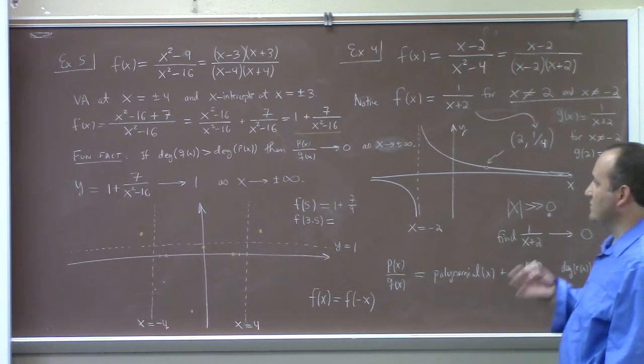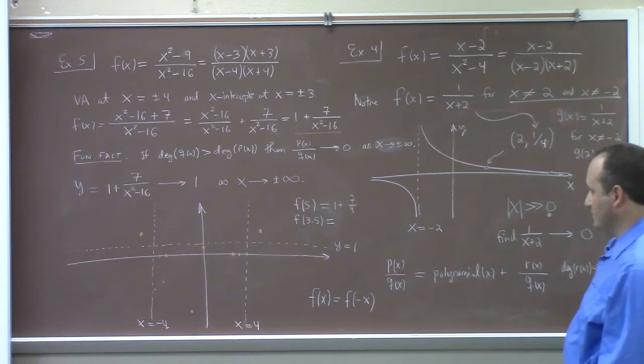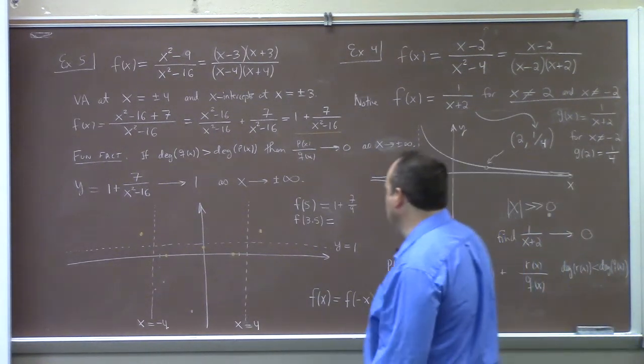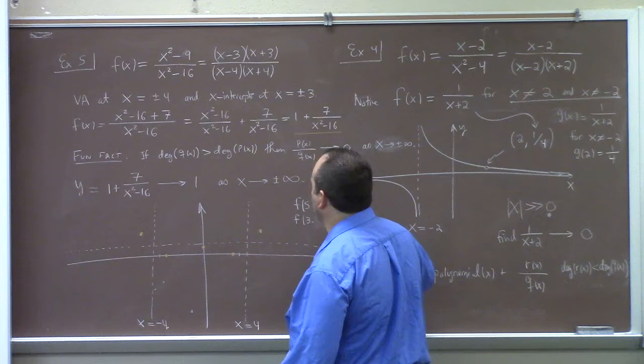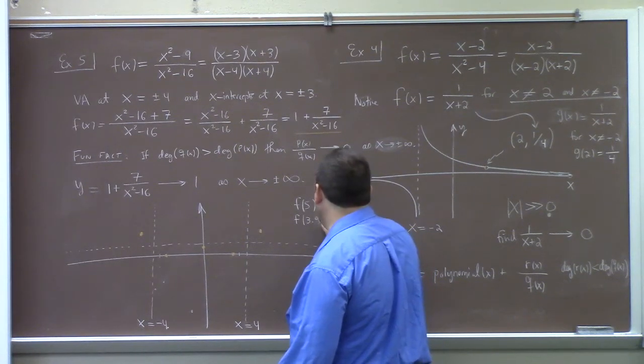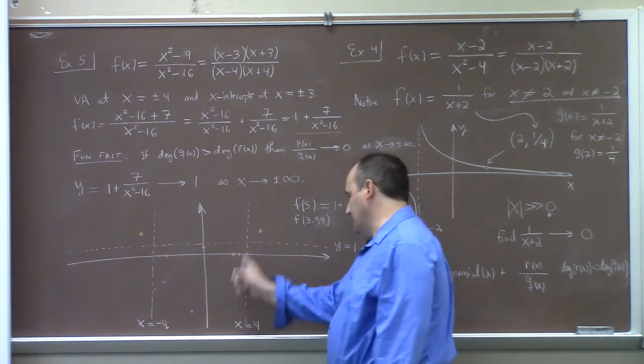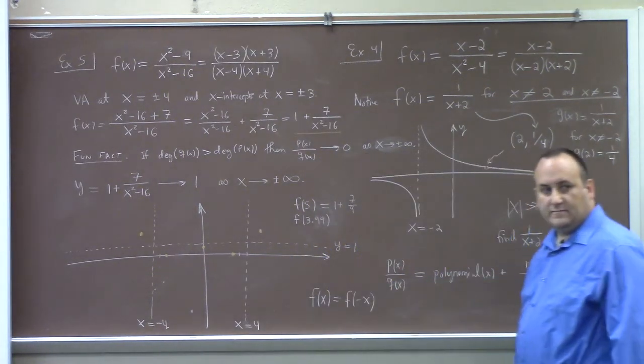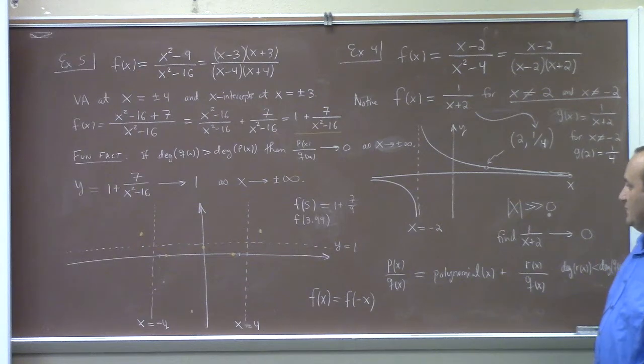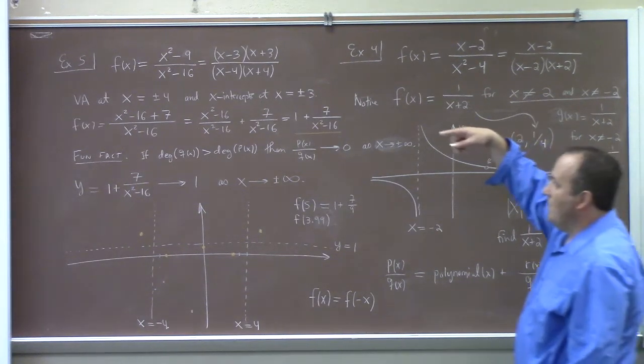Hey, no, I'm making this too hard. Let's think about this. Let's be sneakier. Let's think about what is f of 3.99? Let's get really, really close to 4, but from the left side. Think about putting that into the formula.